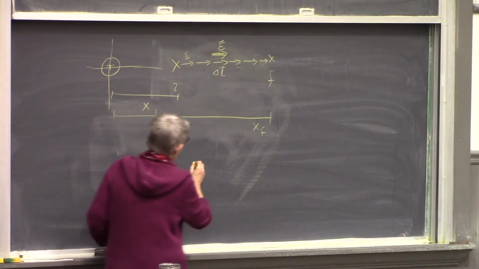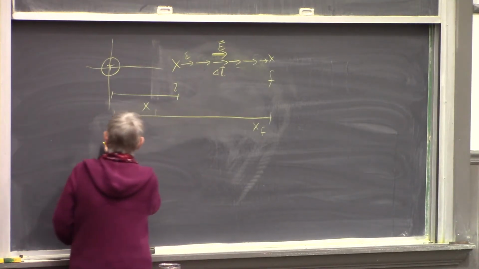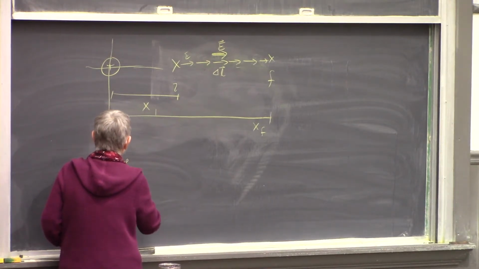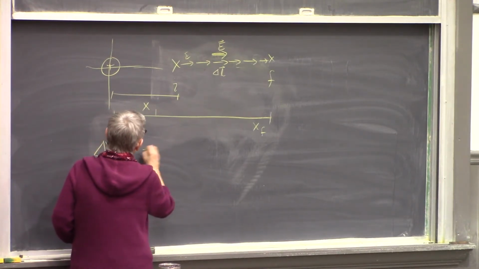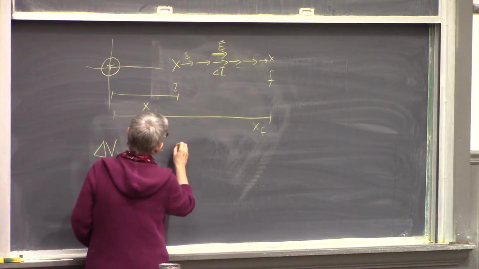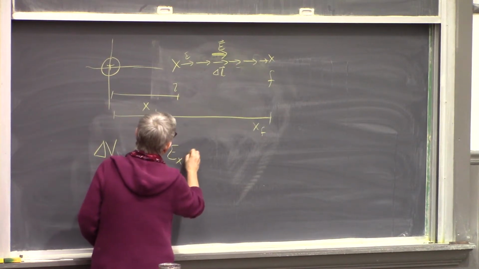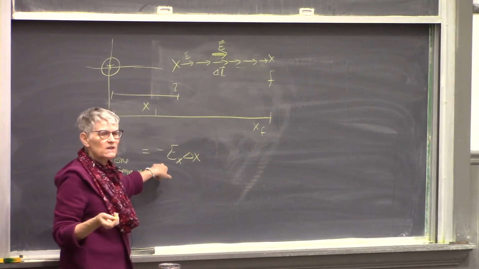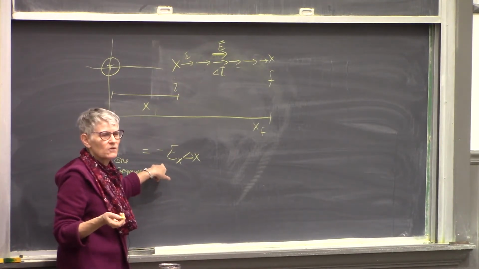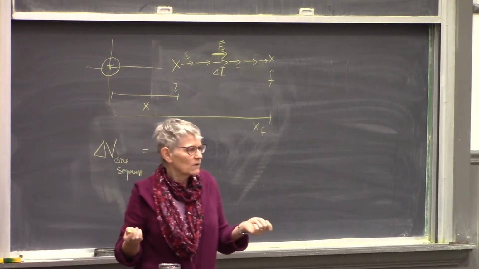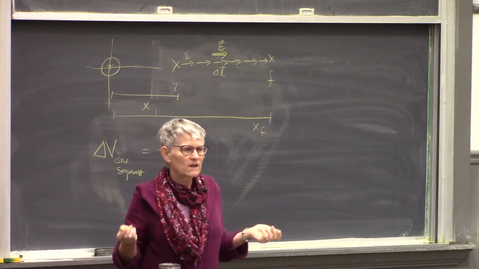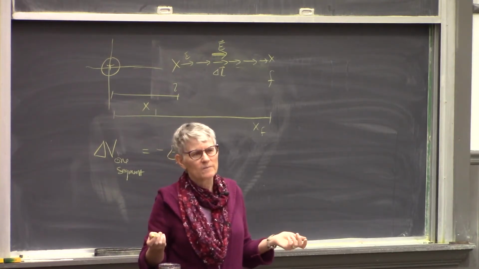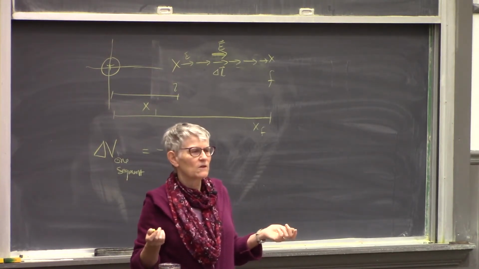So for one segment of the path here, that's going to be a minus Ex delta x. And here we actually have an algebraic expression for E. It's not a number, right? It's not E is 300 volts per meter, but we can write it as a function. Because what's the electric field of a point charge?